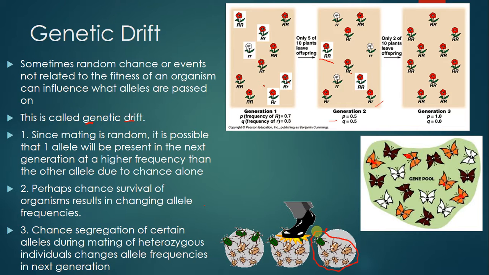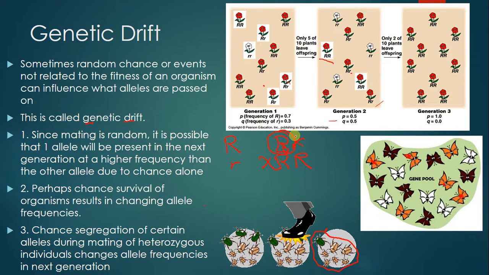And lastly, there's chance segregation of alleles in heterozygous individuals. For example, if I have 2 alleles, we'll go back to the R's, R and r. If a heterozygous individual mates with, say, a homozygous individual, the allelic frequency in the next generation can be altered, because what happens if, by and large, more heterozygous individuals donate the dominant allele versus the recessive?